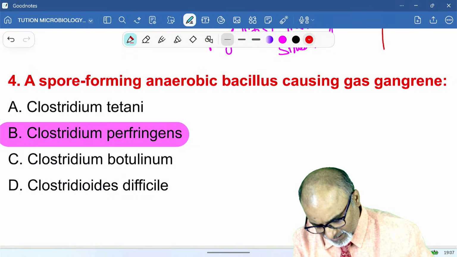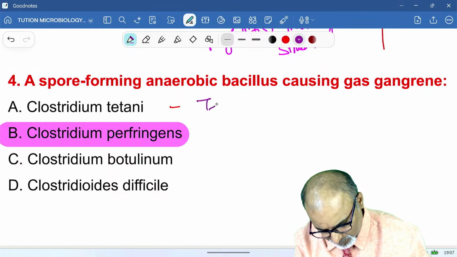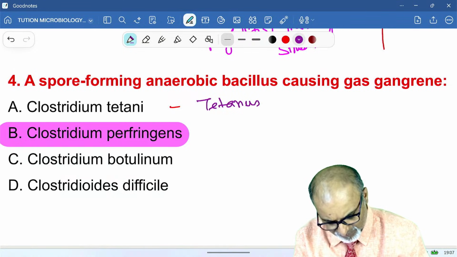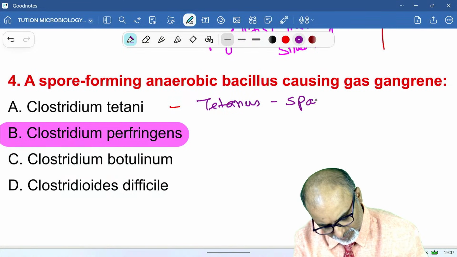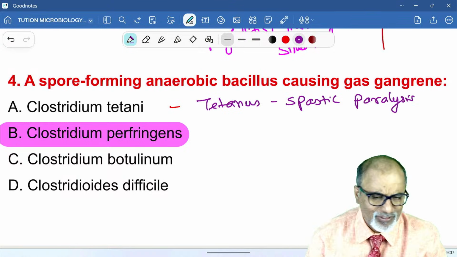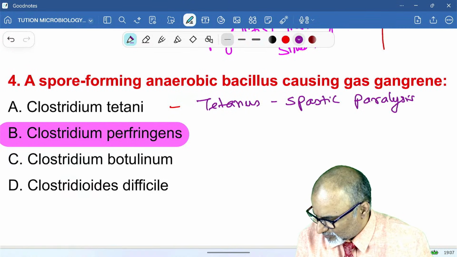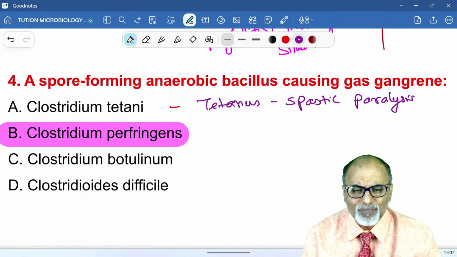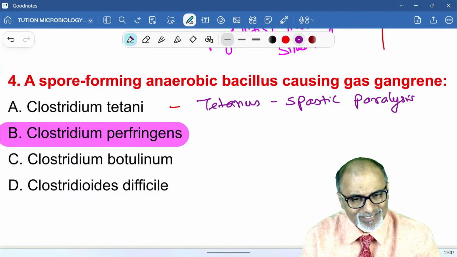Everybody knows Clostridium tetani causes tetanus, spastic paralysis. Difficult to see nowadays because of proper vaccination. Anybody seen tetanus? No.